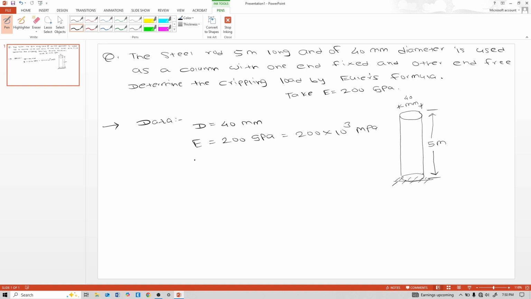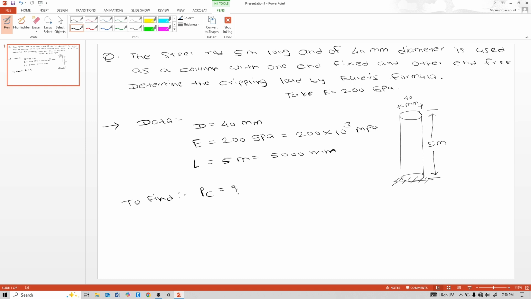And the actual length of that steel rod is 5 meter, that means 5 into 10 raised to 3 mm, 5000 mm. And our aim is to find the crippling load. So what is crippling load? We denote it by PC.